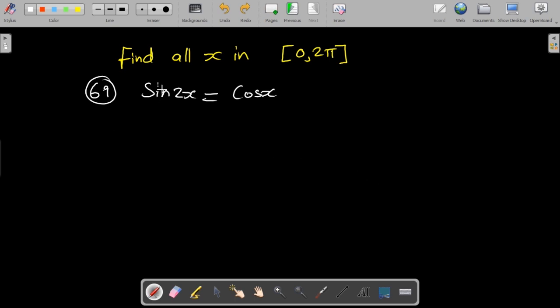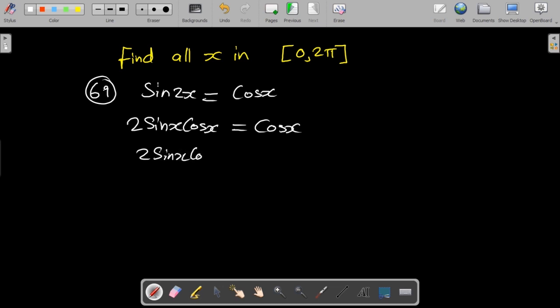We have an identity here, and we can convert this into its other form. This is the double angle identity of sine, which is 2 sine cosine. Then we equate it to what we have already, or you can just quickly move this to the left.